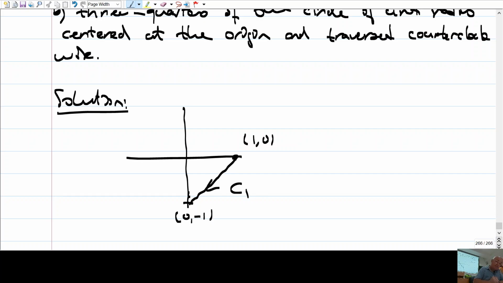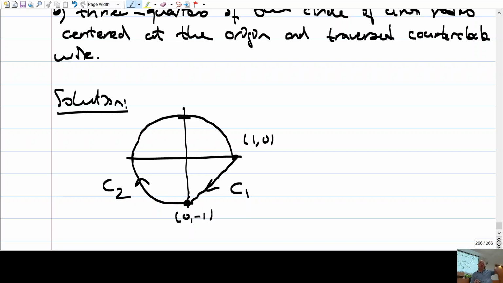Let me say this is C1, and the other one is the part of the unit circle joining this point to this point, 3/4 of that, meaning that it is just this curve. So C2 is this curve, from this point to this point.